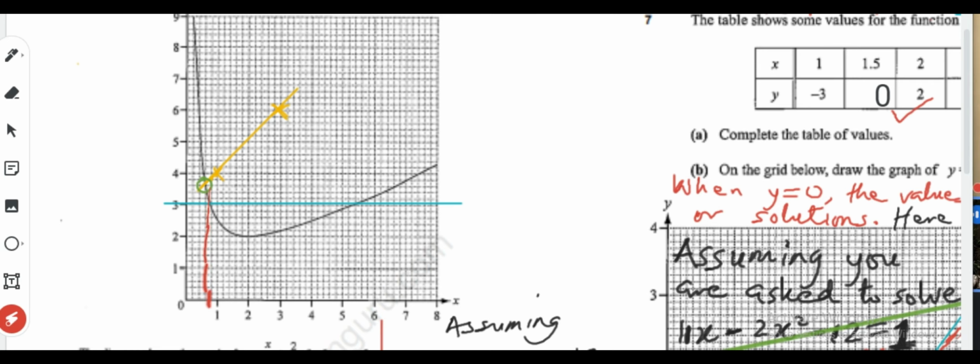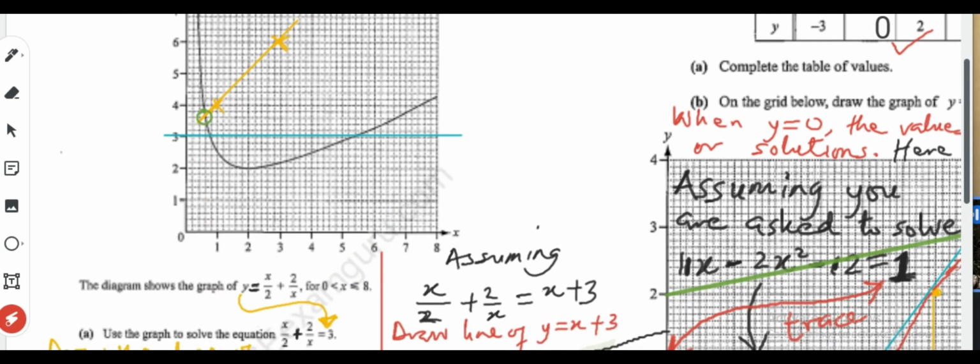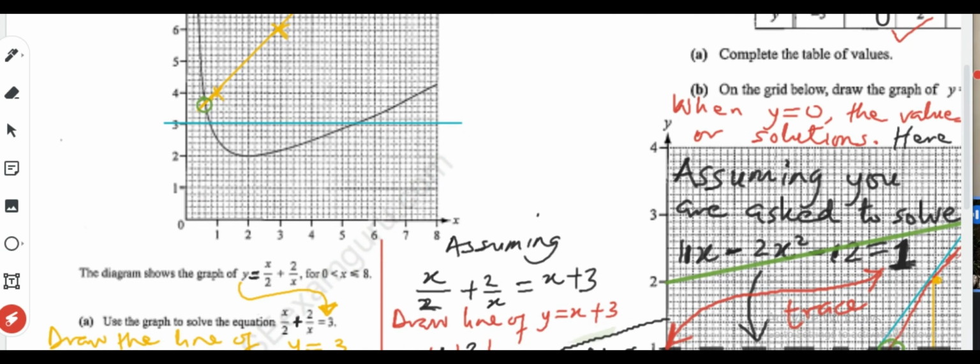What's this value? Approximately what? Like 0.8 thereabout. Okay, but let's go ahead and solve the one we're given.